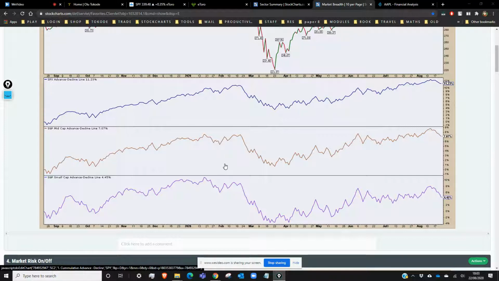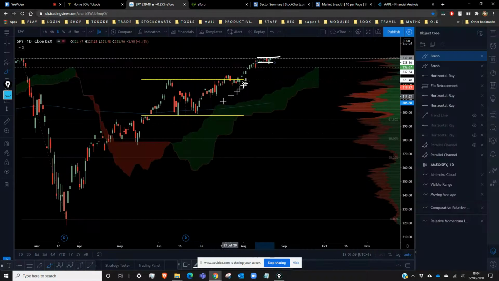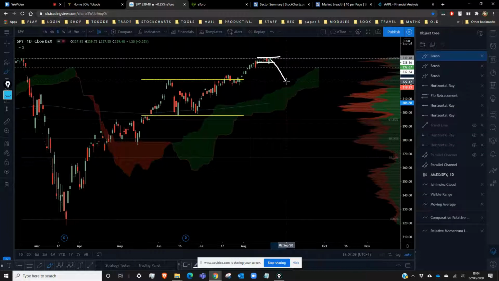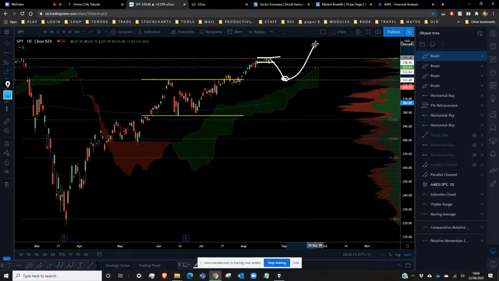Now, having looked at this, I have already taken some profit off my positions. So I've taken some profit, freed up some cash. So what I would prefer to see is a pullback somewhere here. Then I can buy some more stocks. I can go shopping in preparation for the continuation of the uptrend. That's my best case scenario.